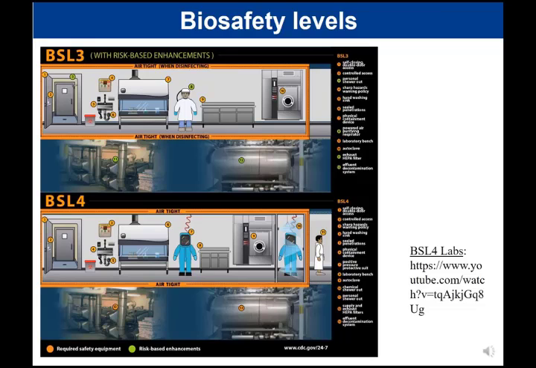In some cases, for certain BSL 3s, respirators are worn as protective gear. We still have our biosafety cabinet, our lab bench, and our autoclave, but now we really start to see exhaust HEPA filters. So again, the air that leaves the room is not going to be recirculated. It's going to be filtered through this HEPA filter, and also a decontamination system.